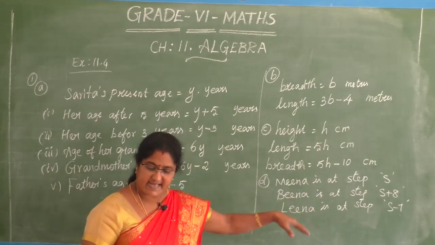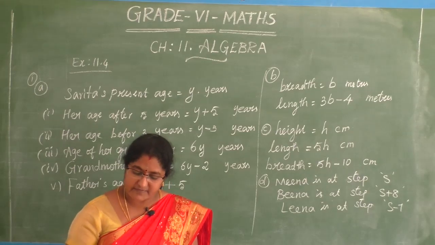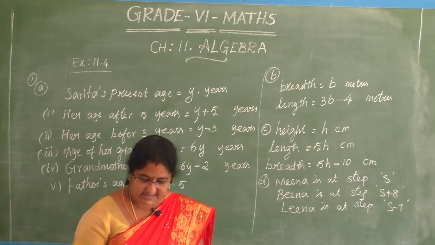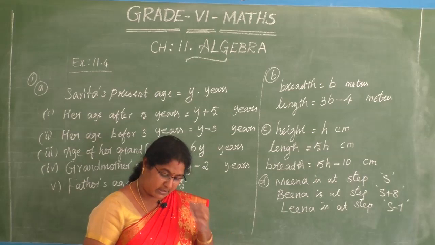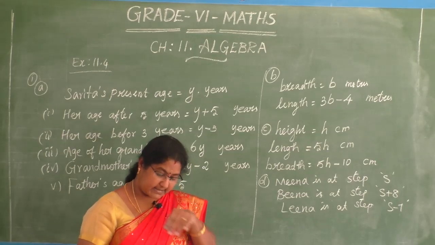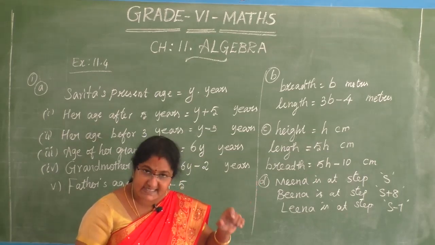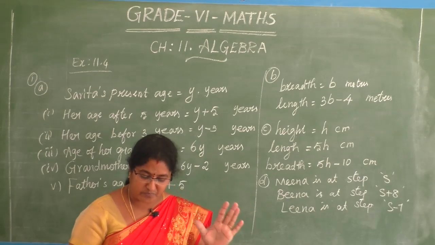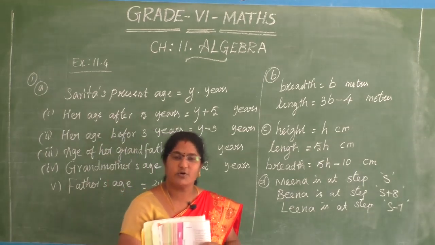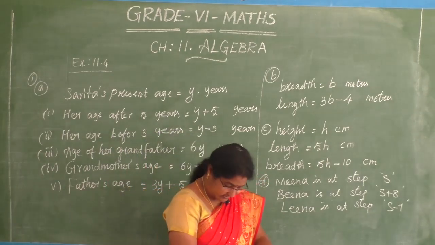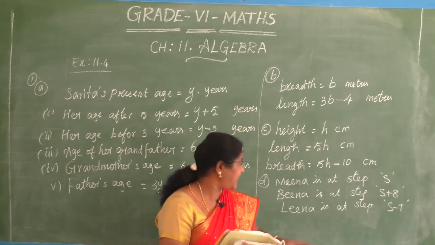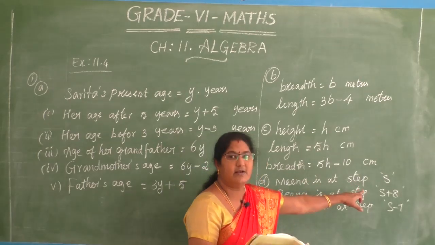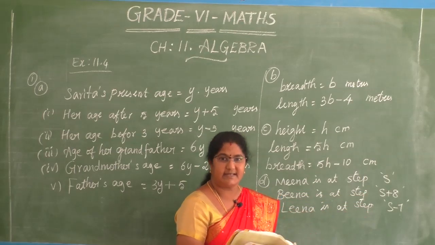Next, again, the total number of steps to the hilltop is 10 less than 4 times what Meena has reached. So 10 less than 4 times Meena reached: 4s minus 10. Understand?